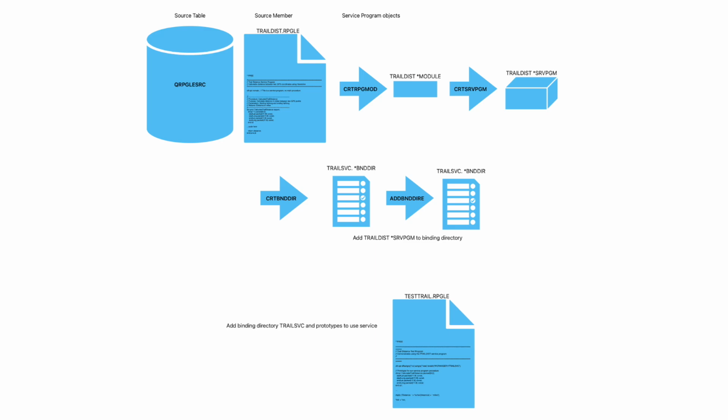Then when we put the prototype into the test trail program, the way that that program finds it when it goes to compile is through the binding directory. So we create a binding directory called trail service, and then we add that service program to that binding directory so that the program, when it compiles, can find that service procedure.